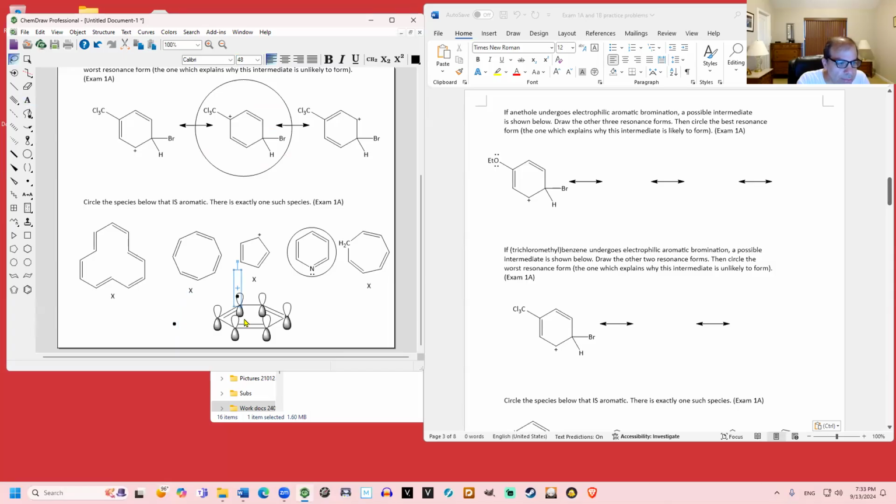One goes in here. One goes in here. One goes in here. One goes in here. One goes on the nitrogen because it's involved in a pi bond. And the last one goes over here. So all 6 of those p orbitals have exactly 1 electron in them.